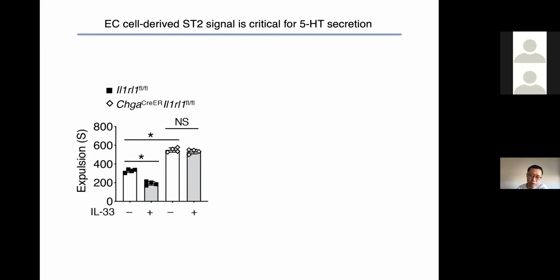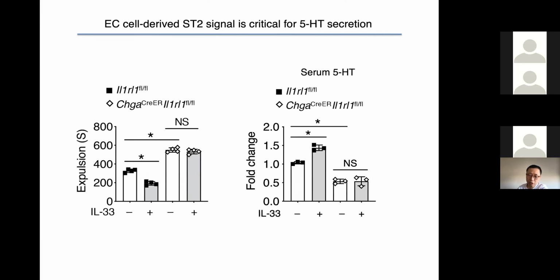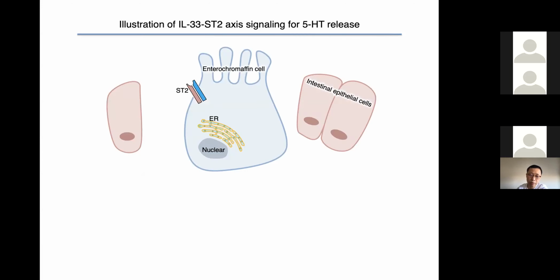You can see exactly the same phenotype: if you delete it on the specific cells, there's a complete abolishment of the whole response. And you can also see accordingly that the serotonin level in the conditional knockout mice is dramatically reduced, and ALCL3 cannot rescue the phenotype.